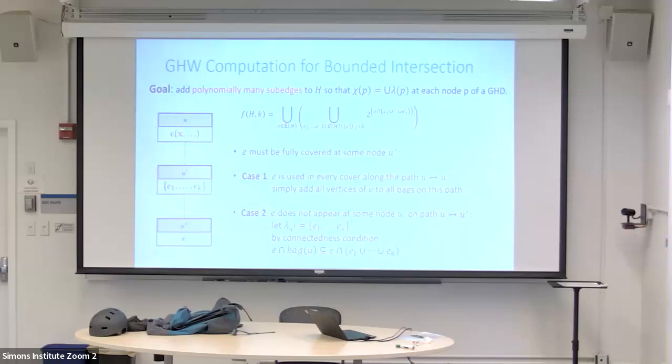So in other words, the bag of U, where we want to leave out x, intersected with E must be contained in all of these edges. It must be contained in the edge cover and also in the corresponding bags, of course. Otherwise, we have a violation of the connectedness condition.